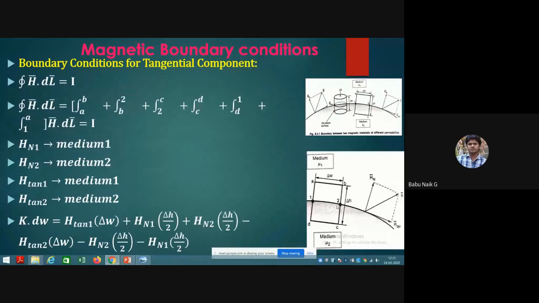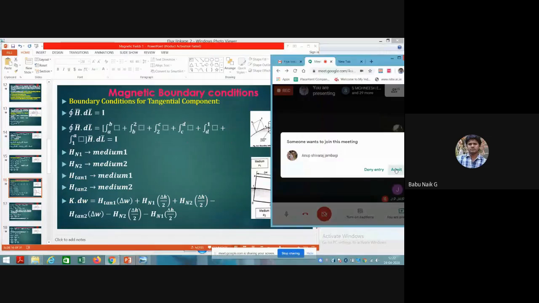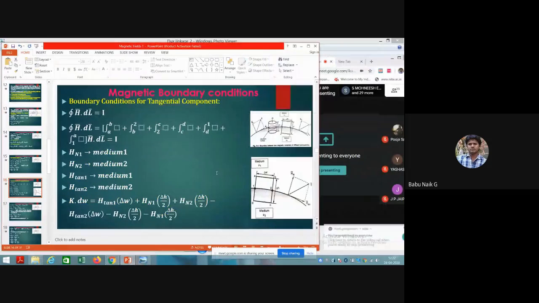It needs to be evaluated by considering Ampere's circuital law, the closed line integral of H bar dot dl equal to I. Now this path needs to be considered here. I have divided this path, as you can see.